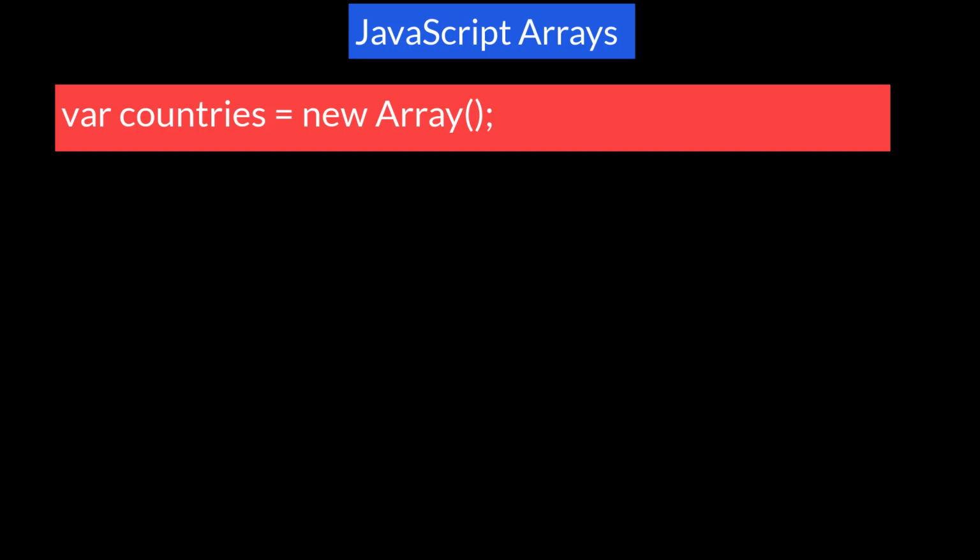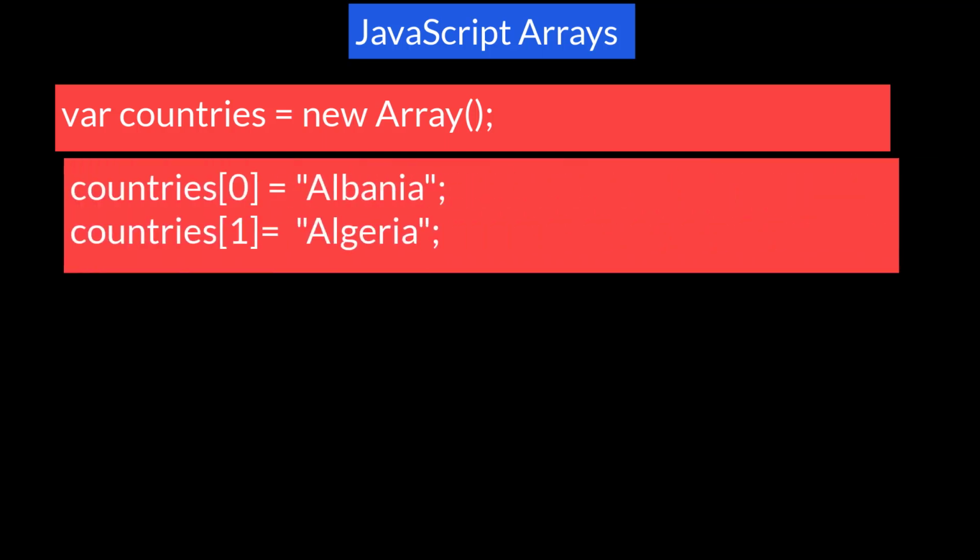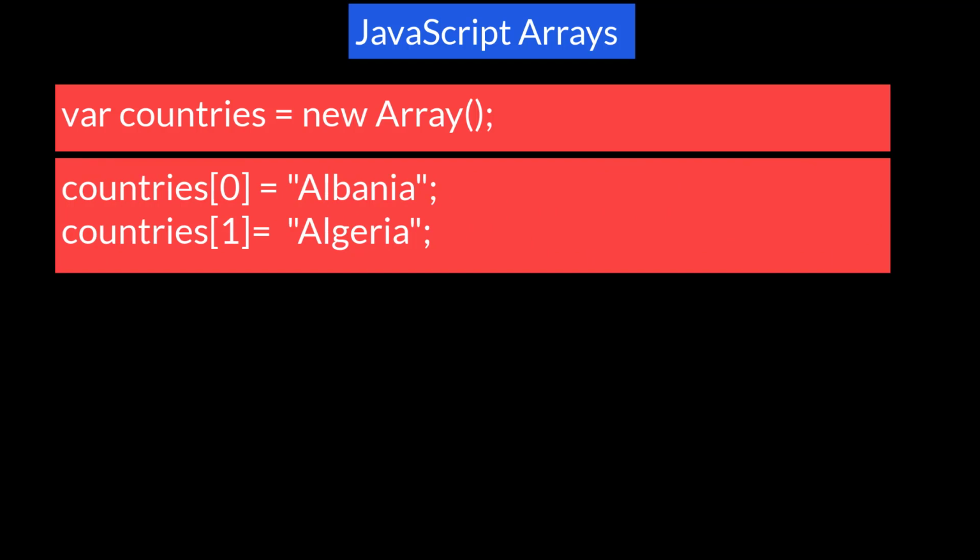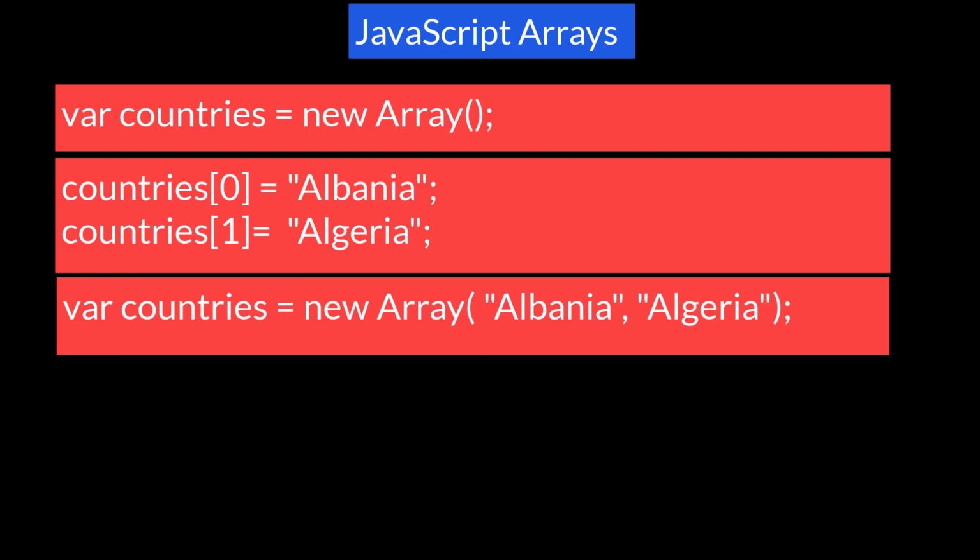Entries in an array may be initialized by assignment statements. For example, countries[0] = "Albania". countries[1] = "Algeria". You can also initialize entries at the time you define an array: var countries = new Array("Albania", "Algeria").